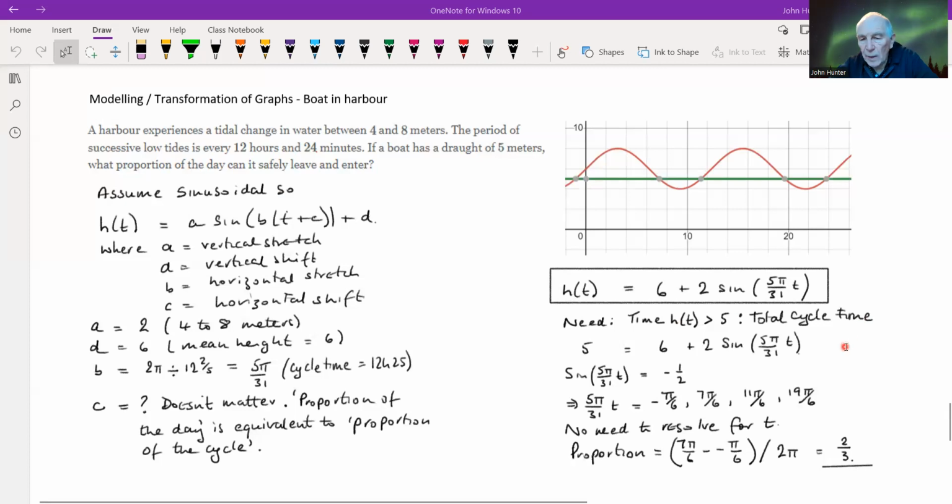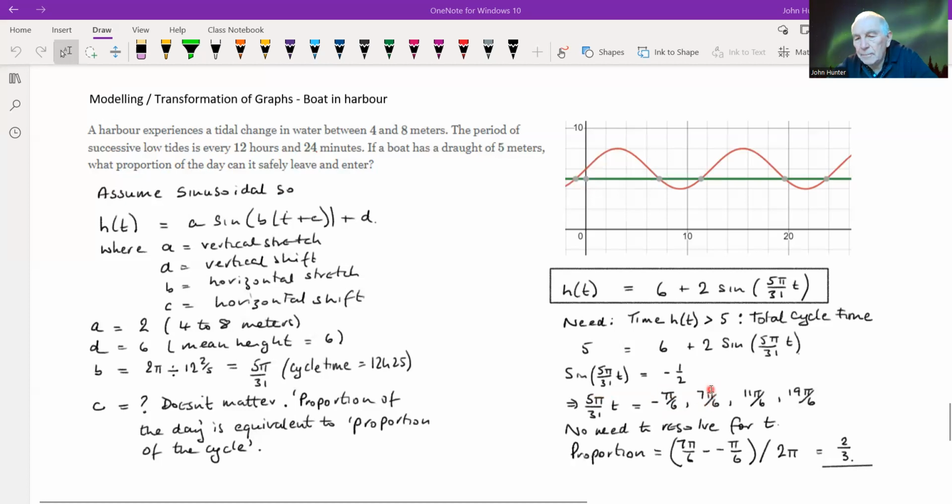If we evaluate at h equals 5, so we can work out what these points actually are, we subtract 6 and divide by 2, and that gives us sine of 5 pi over 31 t is equal to -1/2. If we solve for that, we get a primary solution of minus pi by 6.